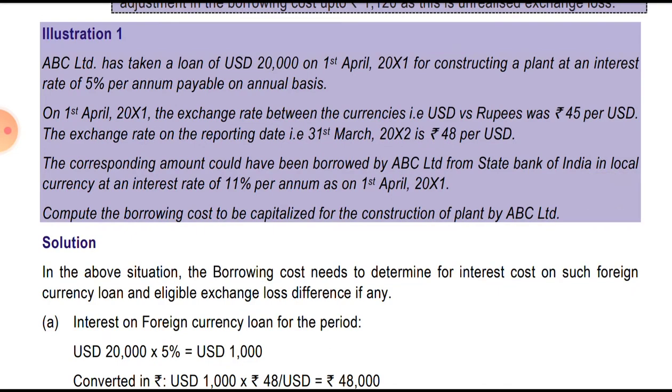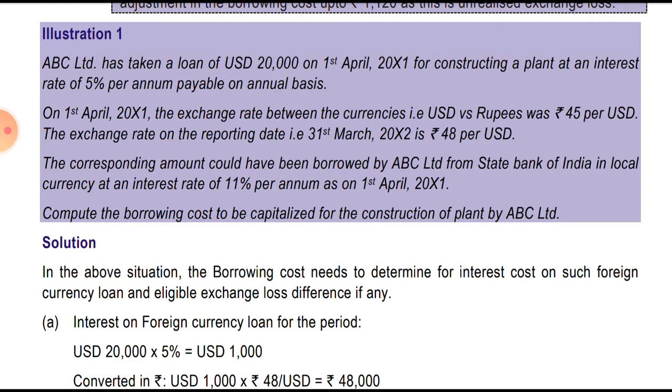In this, ABC Limited has taken a loan of 20 million USD on 1st April. On that date, the USD rate was 45 per USD and the closing rate is 48 per USD. If the loan is taken in US dollars, it is taken at the rate of 5%.